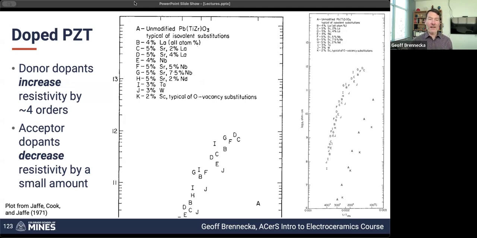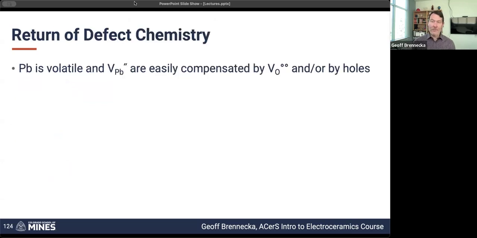That suggests that the baseline undoped material already has some acceptors around of some sort. So what might that be? Back to defect chemistry. Lead's volatile. You probably already know that in some way. If we're losing lead, a lead vacancy is essentially an acceptor dopant.